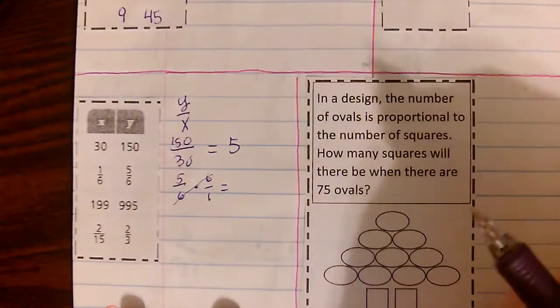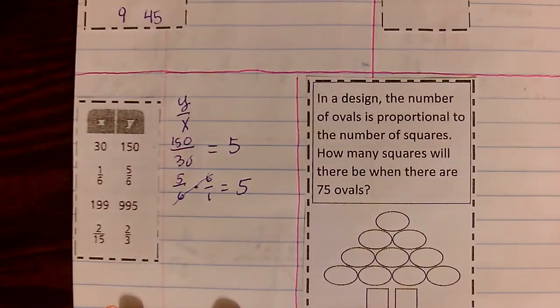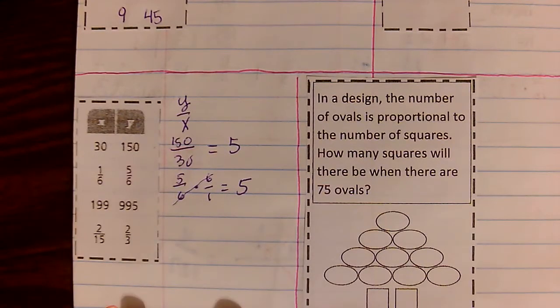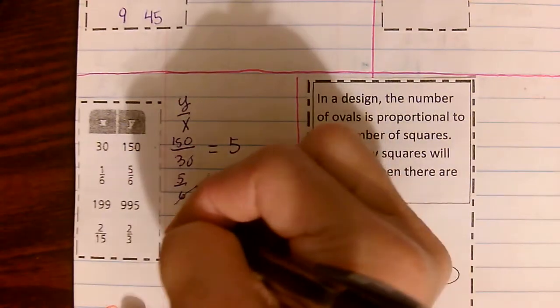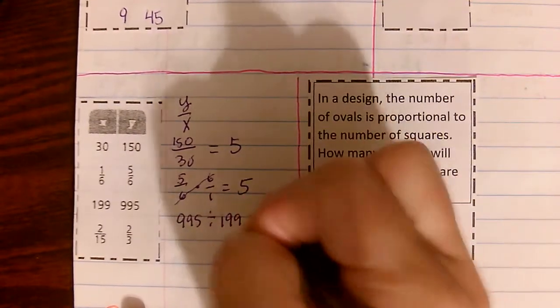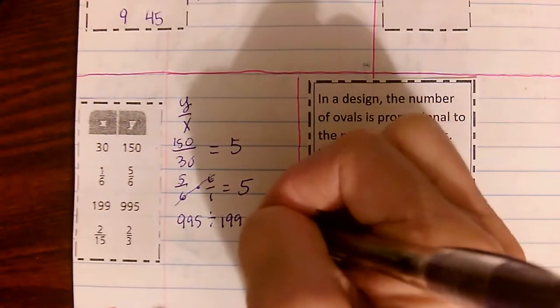These cross simplify, and you're left with 5. So far, it looks proportional. But you should always check the rest of these, like 995 divided by 199. Will that give us 5? Try that in the calculator yourself and see what you get. Did you get 5? You should have.